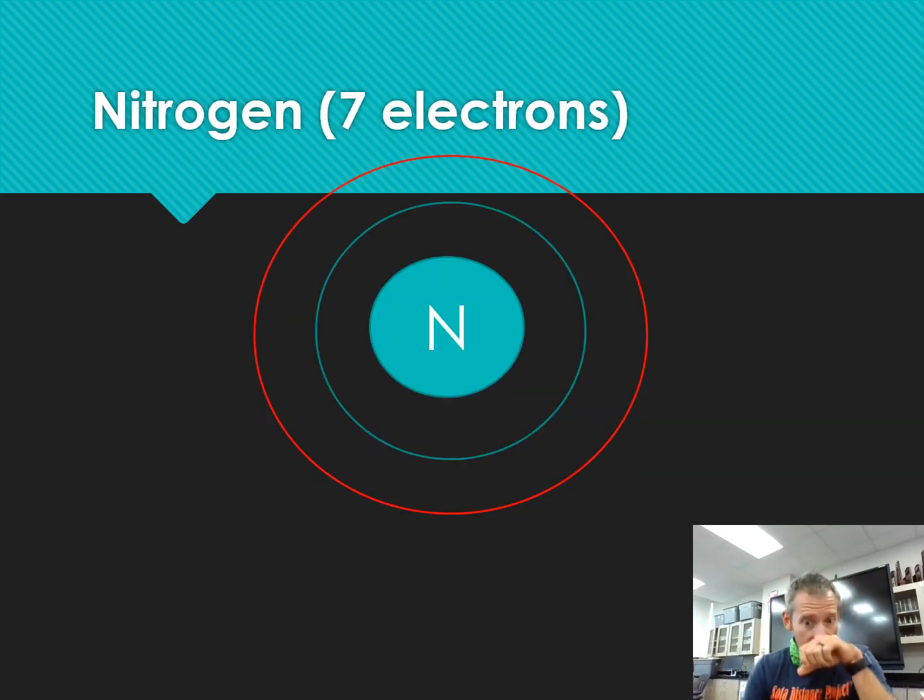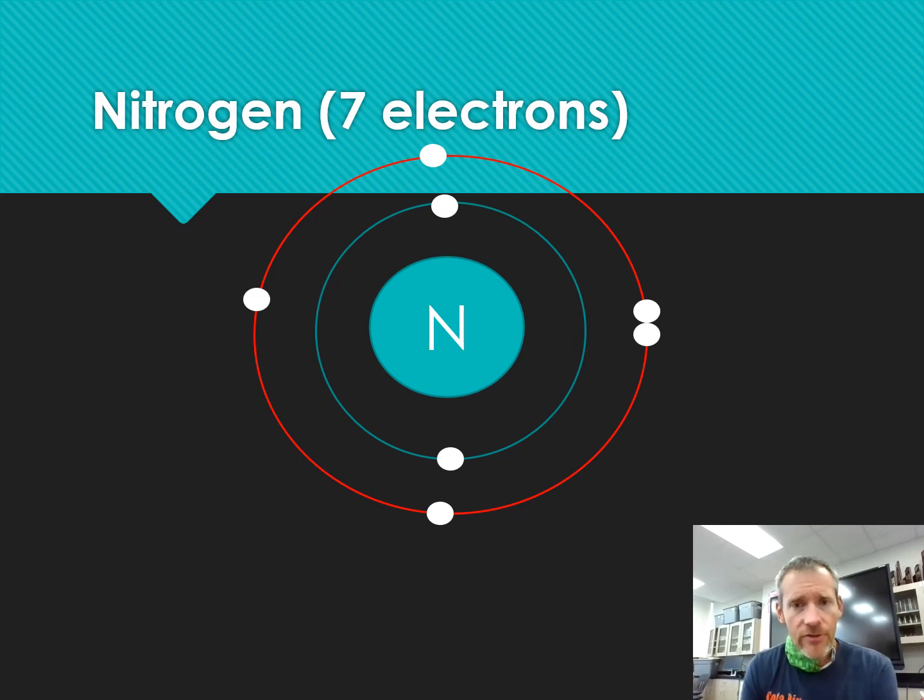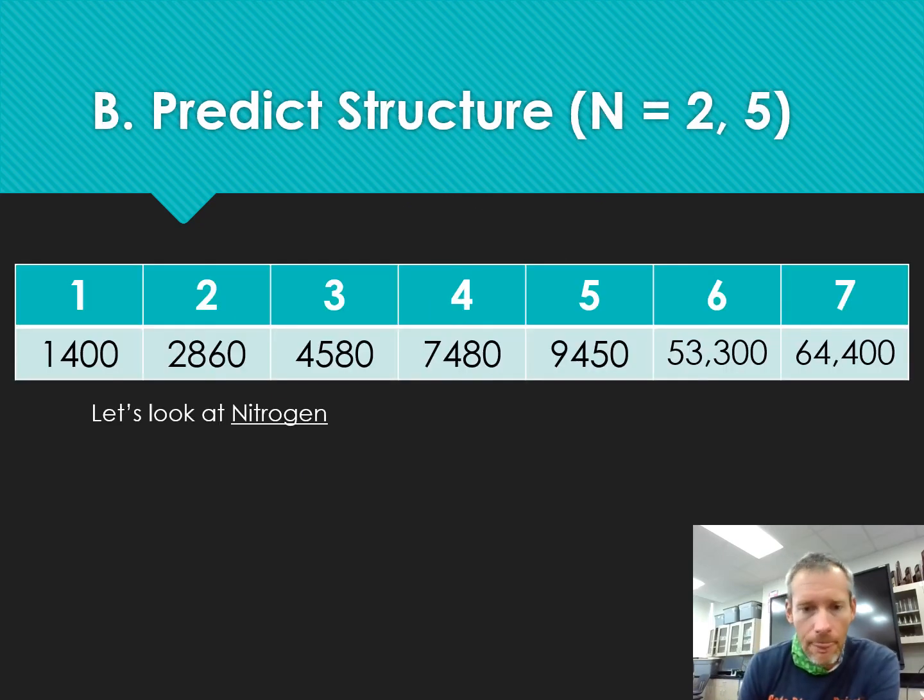So let's look at nitrogen for a second. Nitrogen has 5 valence electrons, and 2 in the inner shell. It's in period 2, so it has 2 energy levels. Nitrogen has a 2,5 configuration.